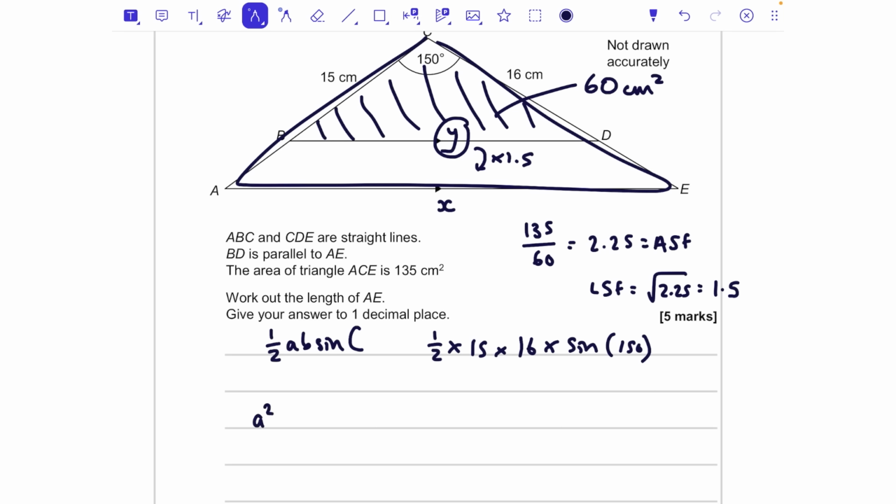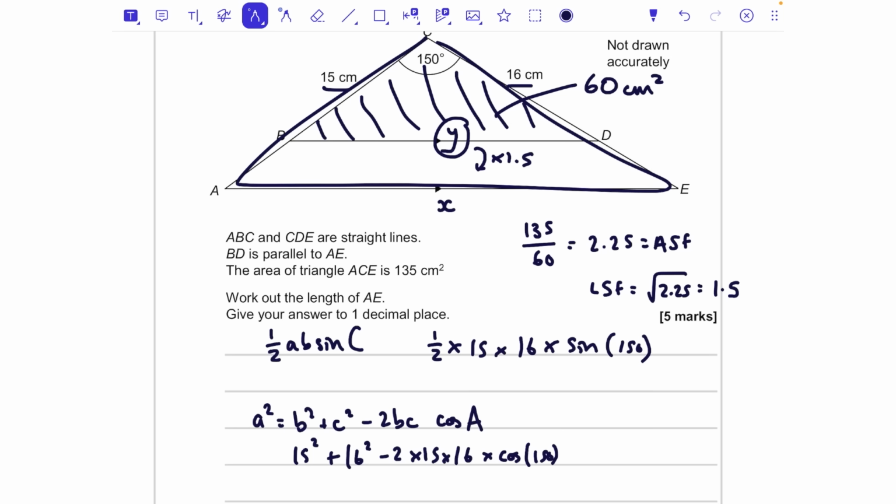So a squared equals b squared plus c squared minus 2bc cos A, and little b and little c are given by 15 and 16. So 15 squared, add 16 squared, minus 2 times 15 times 16 times cos 150. Let's type that in my calculator. And don't forget that once you've got this value, you are going to need to square root it.